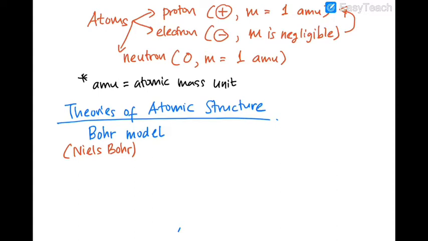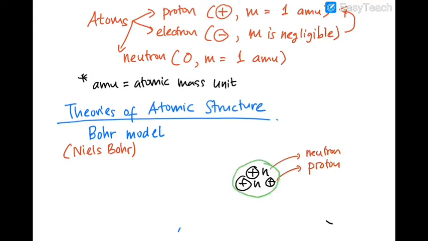So in this model, you have, let me try to draw it here, positively charged protons and also neutral neutrons. Let me label this. You have protons, and here you have neutrons. Protons and neutrons both make up what we call the nucleus, or nuclei.